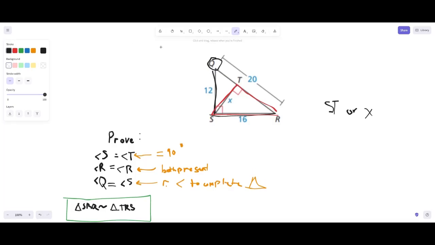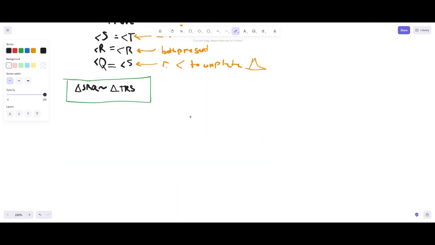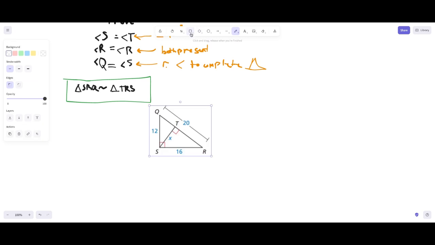We're going to look at this figure again. I accidentally stopped recording. There we go. All right. I'm just going to bring the figure in again because we annotated this one.